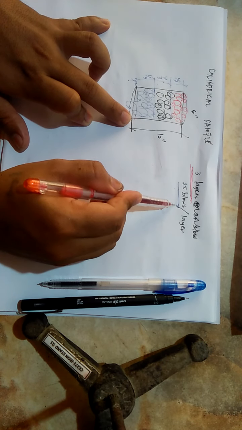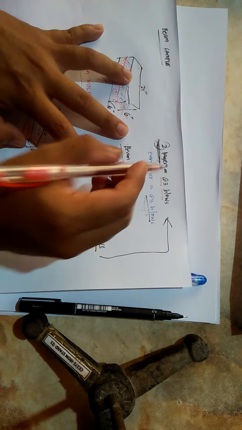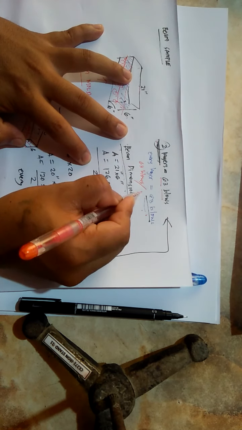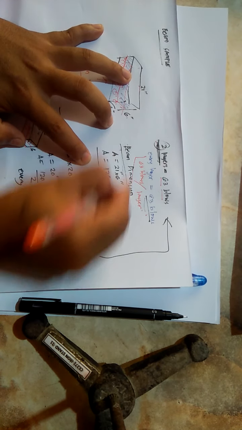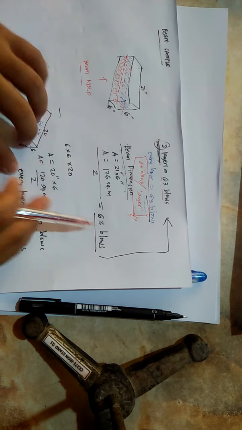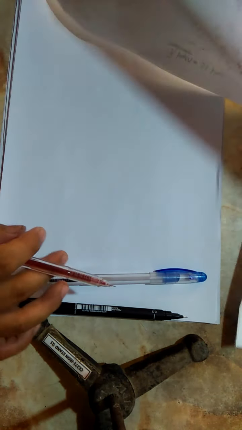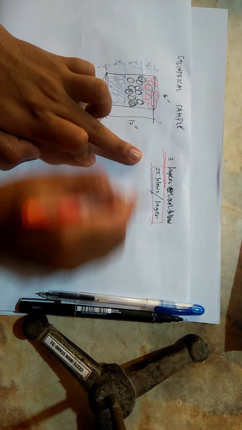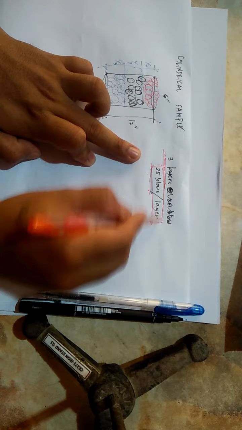Ito naman, every layer, 25 blows. So, 63 blows per layer for your beam sample, and for your cylindrical sample naman, 25 blows per layer.